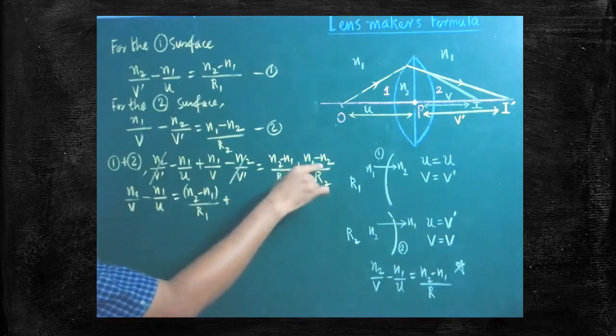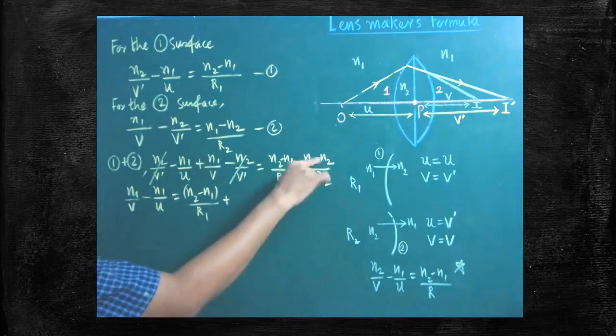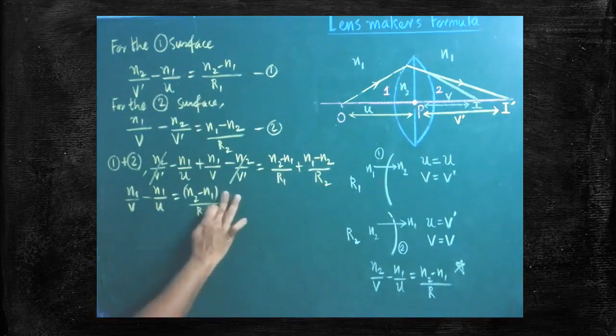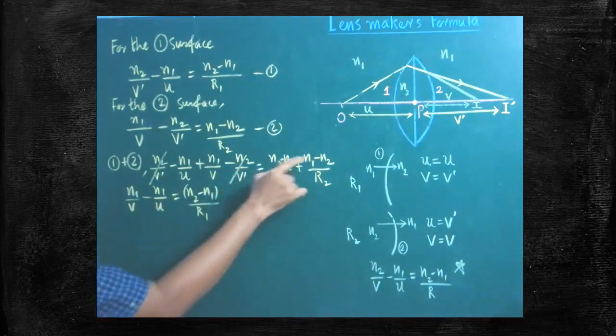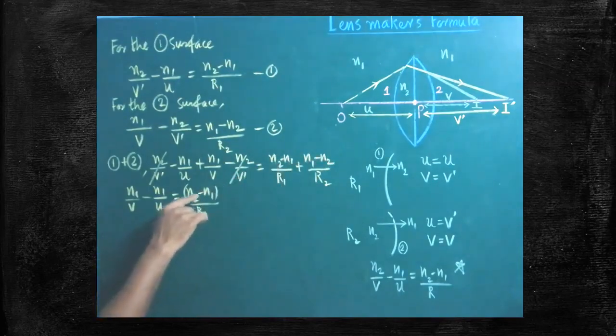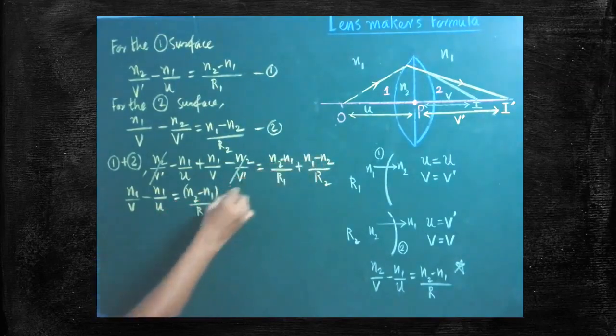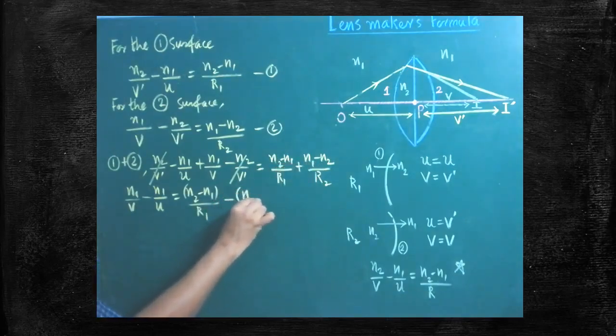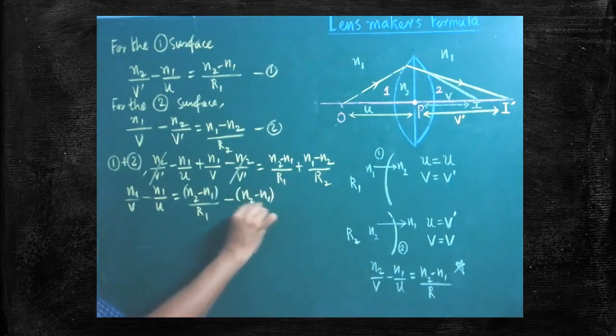If the sign is changed, you will get a minus sign. Therefore, we can bring these two factors similar. Here N1 minus N2 is there, here N2 minus N1 is there. Just to interchange this, I am changing the sign: minus of N2 minus N1 divided by R2.